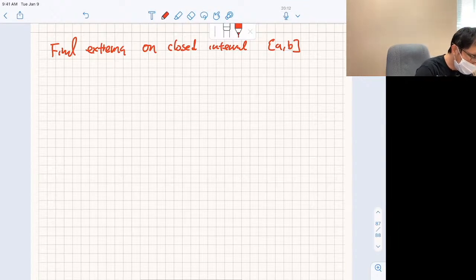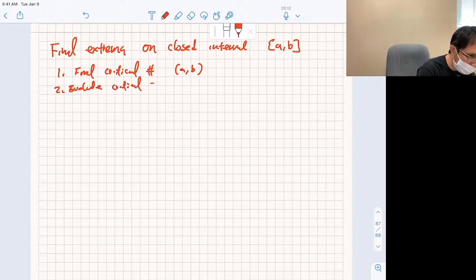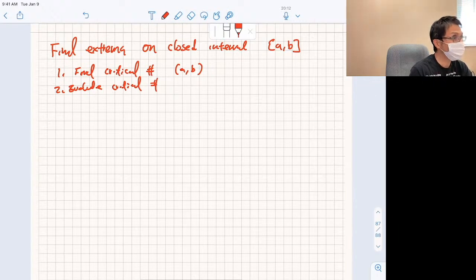So first, you want to find the critical numbers, in between A and B. Second, we want to evaluate the critical numbers, meaning you find the output, and you will compare the outputs. Now, a critical point doesn't only mean the derivative equals 0.